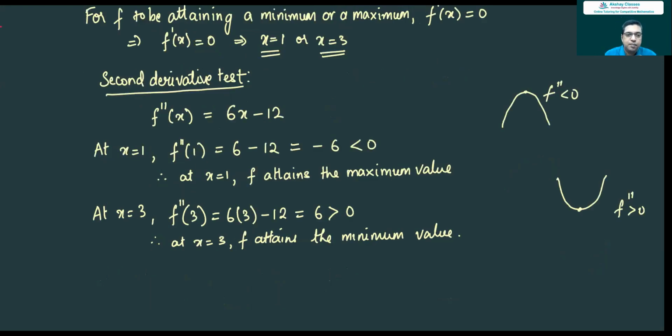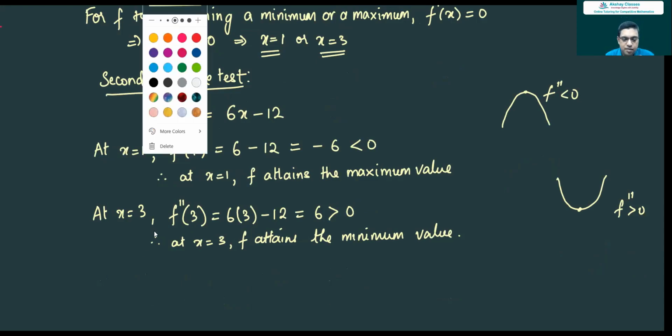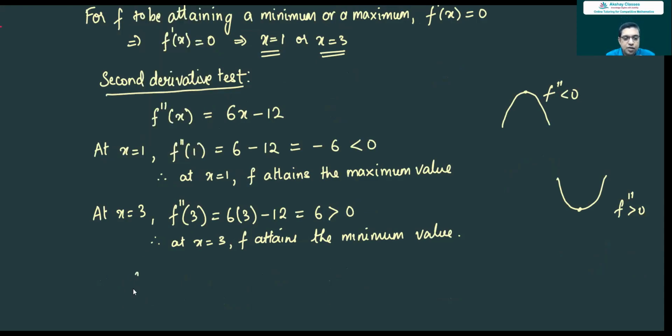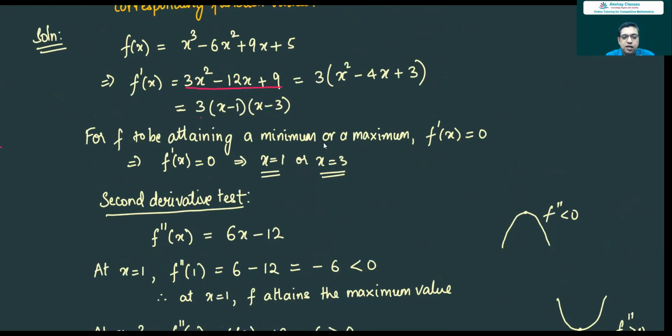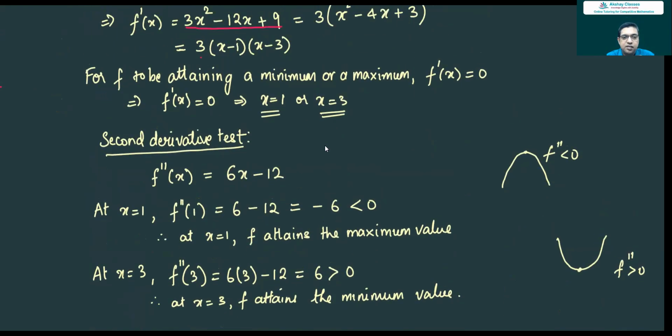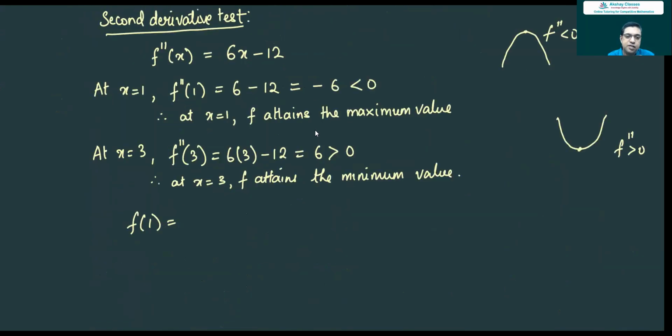So now let us find the minimum and maximum values. So f of 1. Let us write f of x, which is x cubed minus 6x squared plus 9x plus 5.